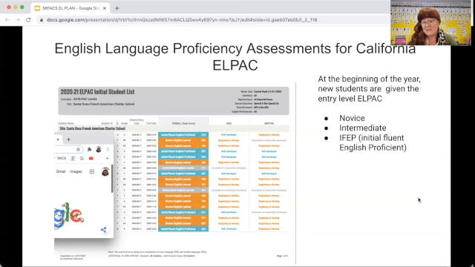They might even speak another language, but they are fluent in English, and they do not then qualify for the ELD program. They are reclassified right away. If they are not fluent yet, they are classified as either novice or intermediate. And this is sort of a general entry level designation.